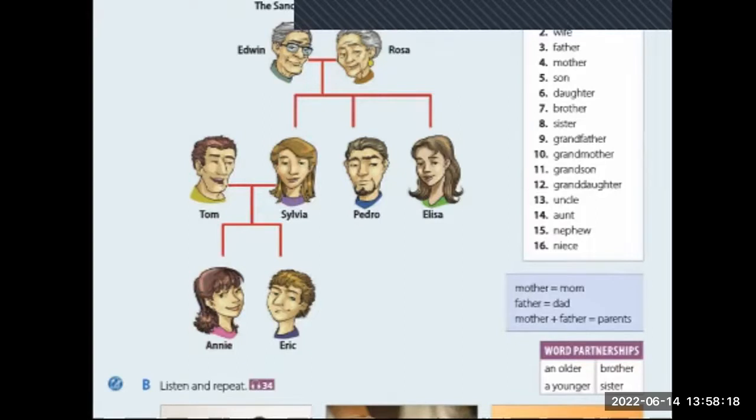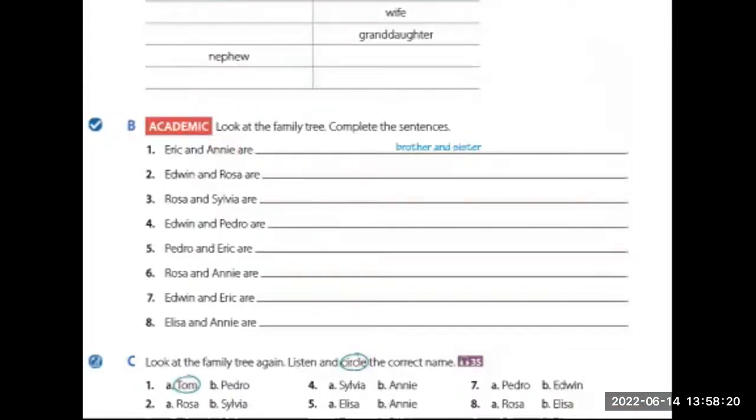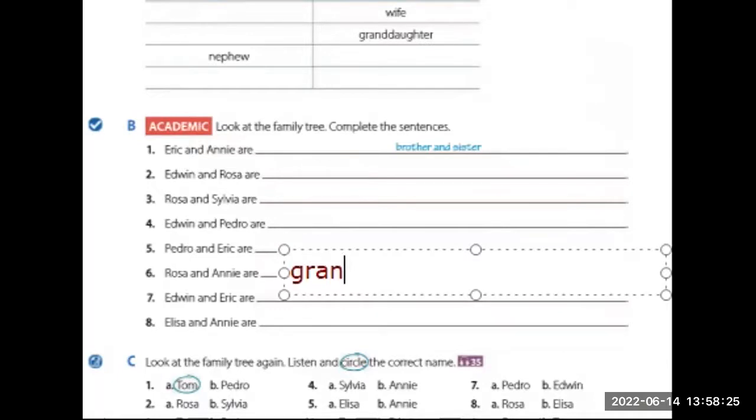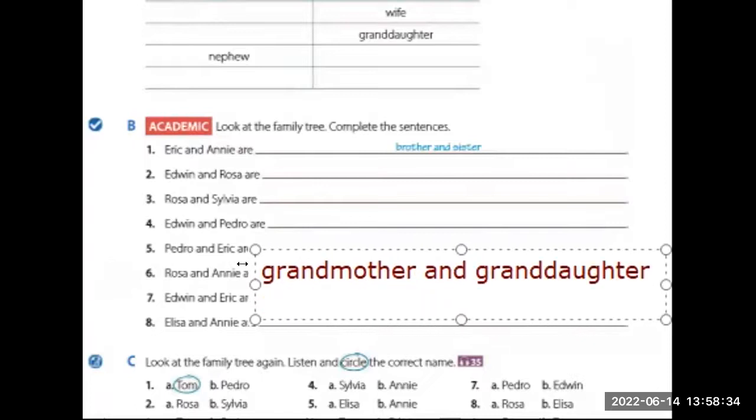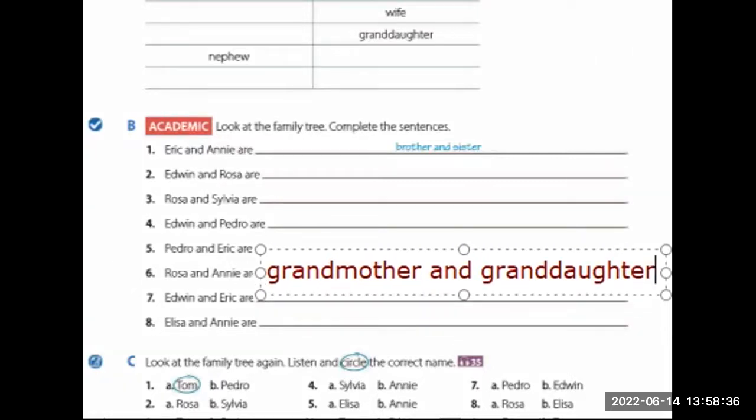Going back to page 35, Rosa and Annie are grandmother and granddaughter. Okay.